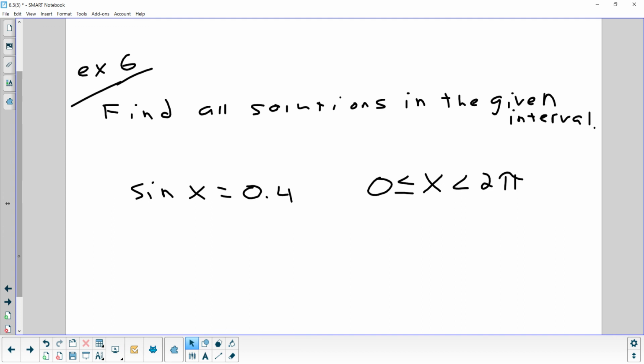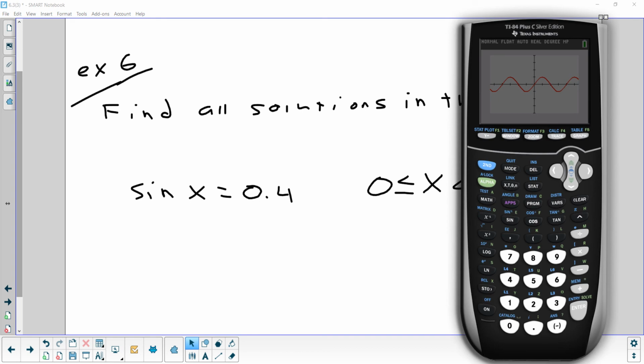So if I wanted to solve this on the graphing calculator, sine of x equals 0.4, anyone think they could tell me how I would type that in, and then what I would look for once I type that in?